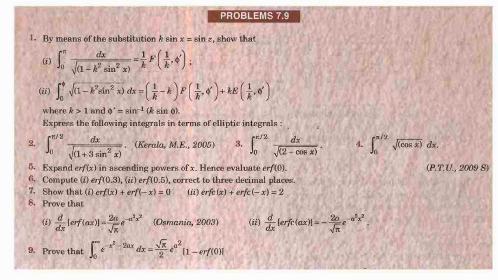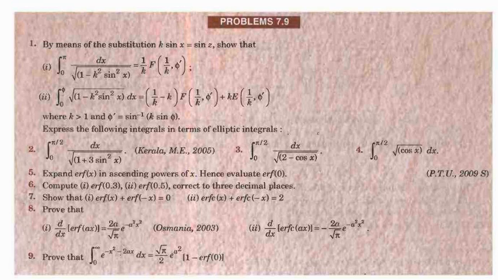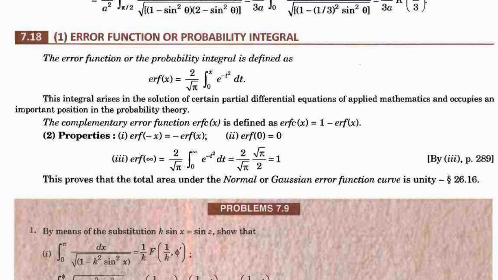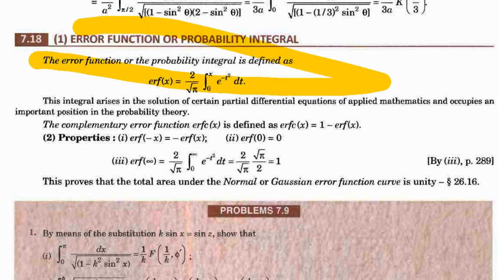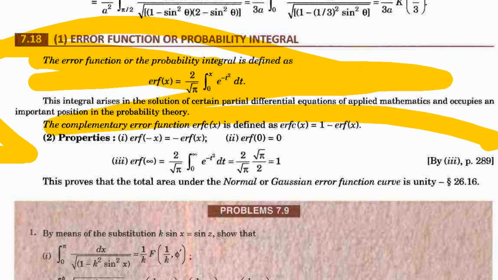Okay, I'll enter into the PDF now. Now this is what I said just now. We have finished this one, this error function. I'm sorry, it is going very rough.